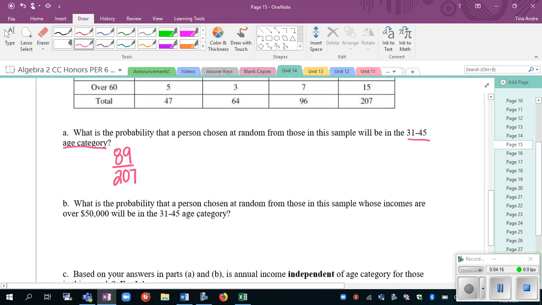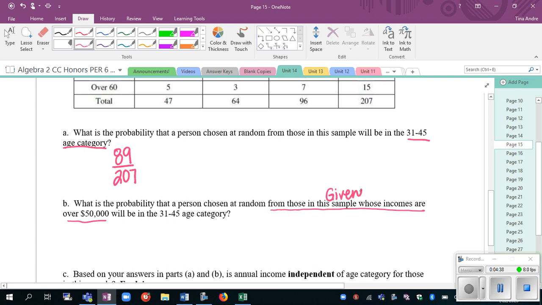What is the probability that a person chosen at random from those in the sample whose incomes are over 50,000 will be in the 31 to 45 age category? Let me reread this. That's actually a given.